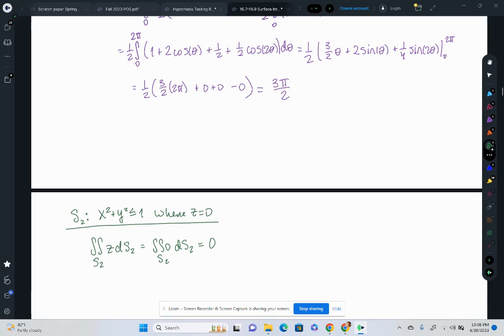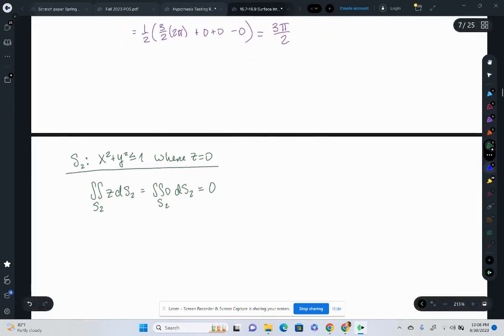All right, we have S3. S3 is that top surface, which was the plane z equals 1 plus x.